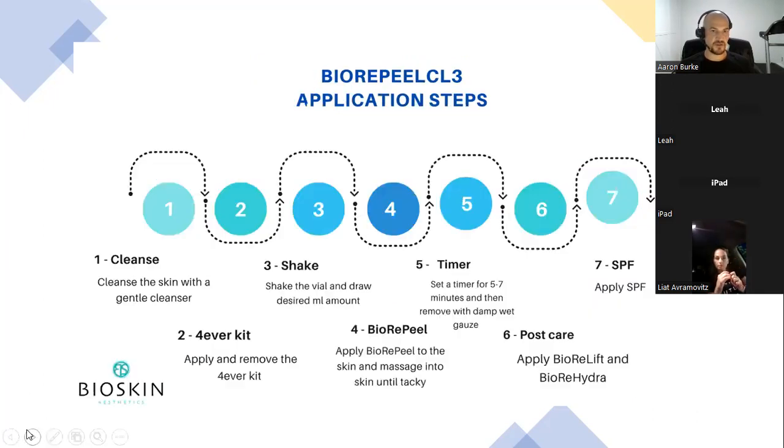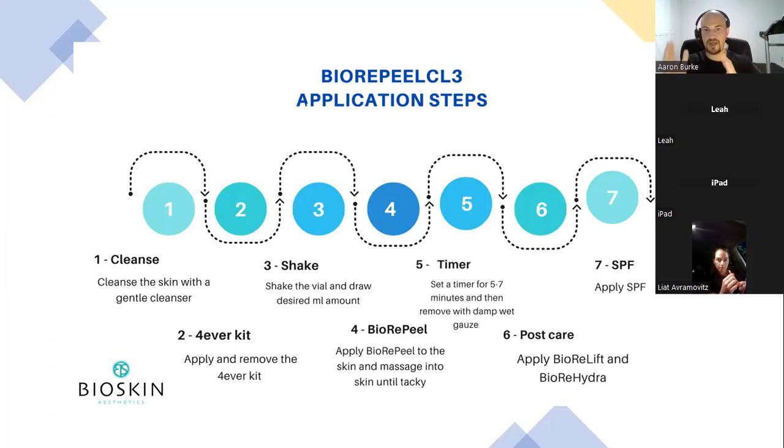So in any event, moving into the application protocol. Here they have the application protocol laid out as 7 steps. In my mind, it's 3 phases: preconditioning, peel application, and then post peel. Your preconditioning is always going to be a cleanse, a light exfoliation, a degreasing.